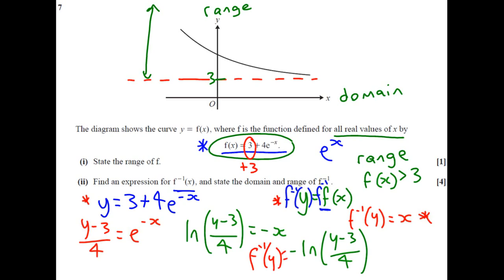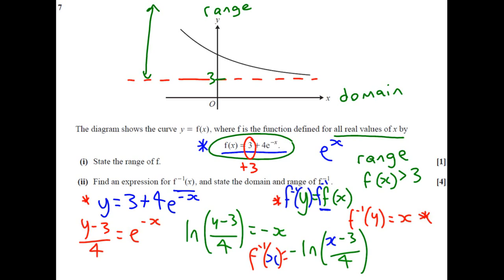So f to minus 1 of something equals minus ln of (that thing minus 3) over 4. Now that thing is going to be our input, and obviously we usually use x as our input, not y. So that's why we swap the letters around. Okay, so that is the equation.